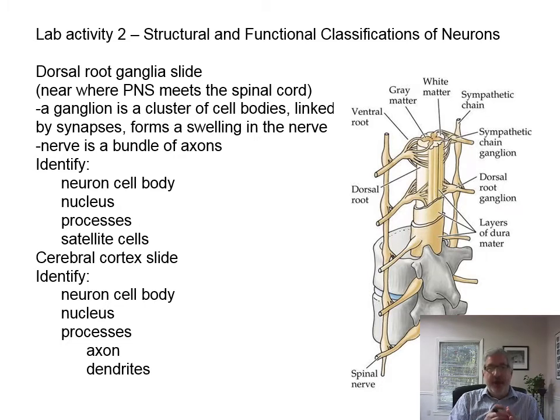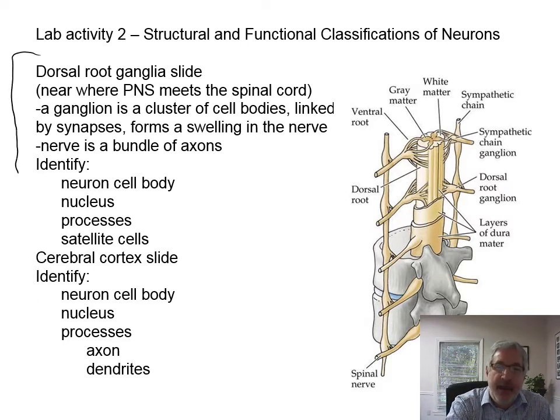Okay, so now we have the structural and functional classification of neurons down. The question is, where are these guys? We've talked about how sensory neurons come up into the spinal cord, and motor neurons come back out of the spinal cord. But where does all this happen? Well, there's something called the dorsal root ganglia.